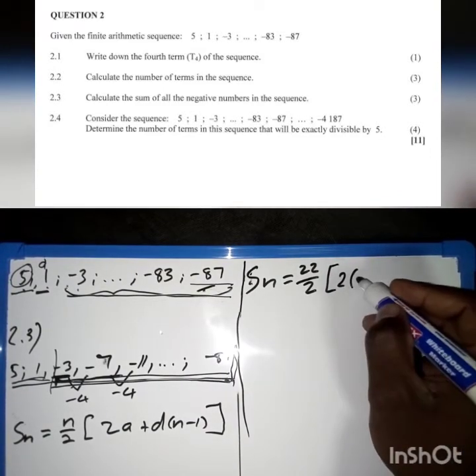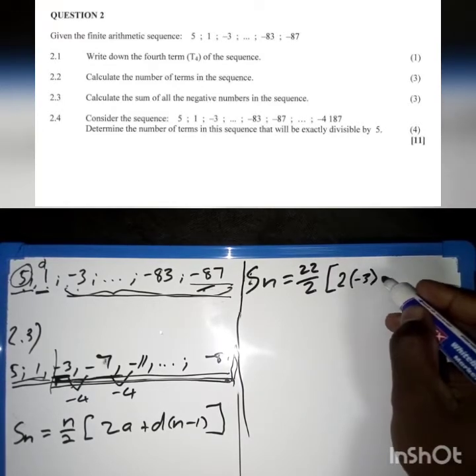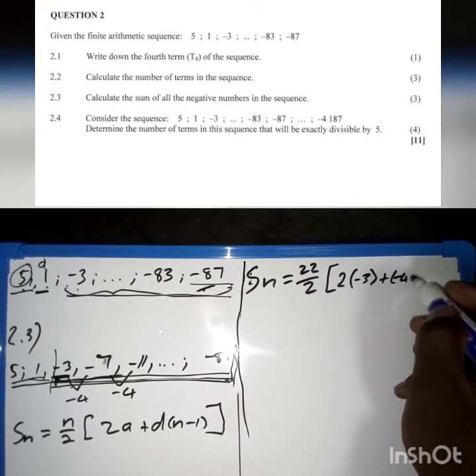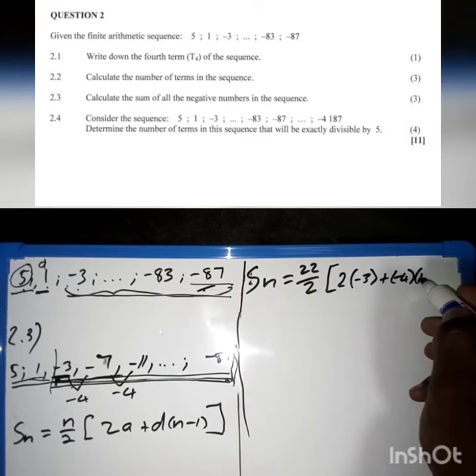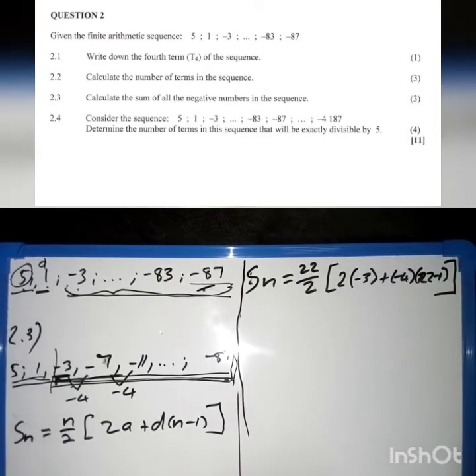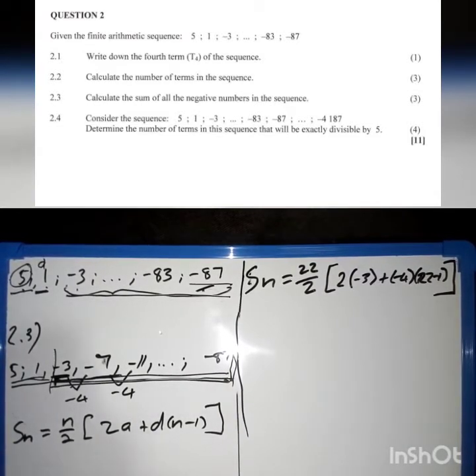Our a is what now? It's -3, plus our d stays the same, and then 22 minus 1. And then we solve for our sum of the 22 numbers.